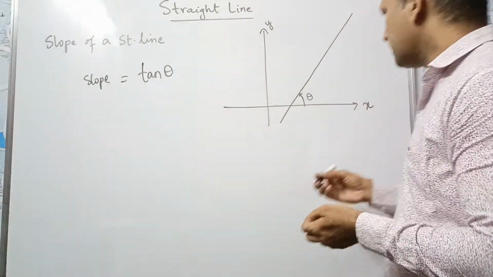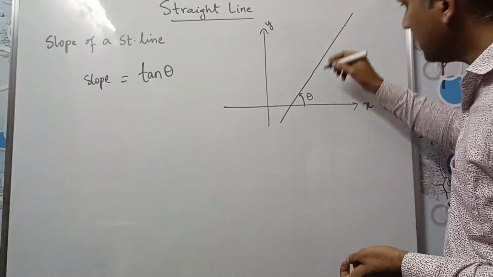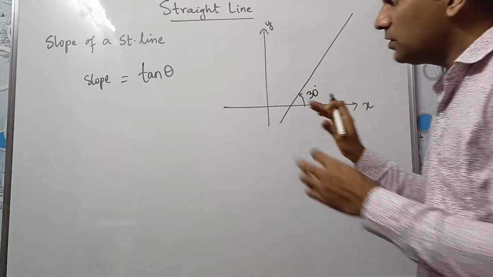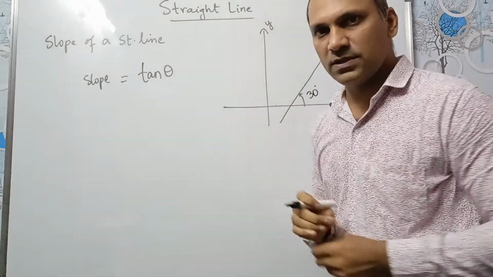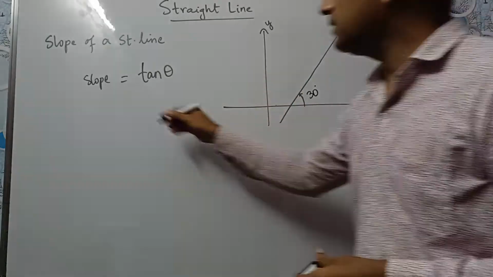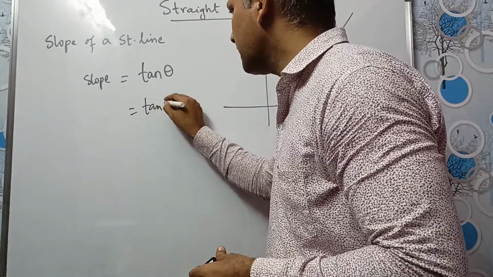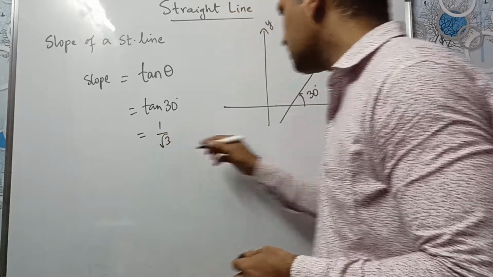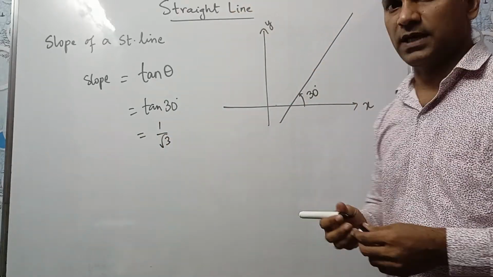For example, let us say we have a line here and it is making some angle, 30 degrees. Don't say 30 degrees is the slope of this line. Tan 30 will be the slope of this line. Tan 30 is how much? 1 by root 3. So 1 by root 3 is the slope of this line.